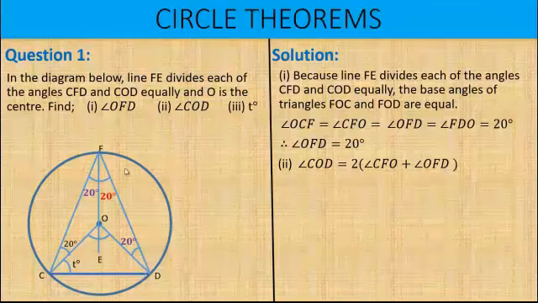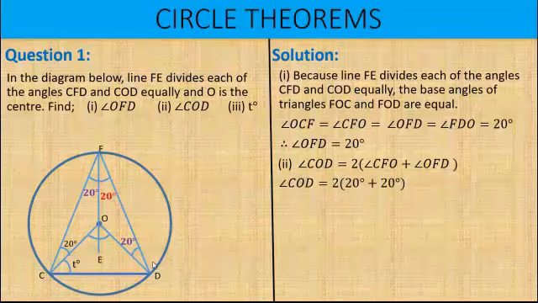So to do that, we add the angles at the circumference and multiply their value by 2. So that is what you see on the screen. Angle COD is equal to 2 times bracket open angle CFO plus angle OFD bracket close.